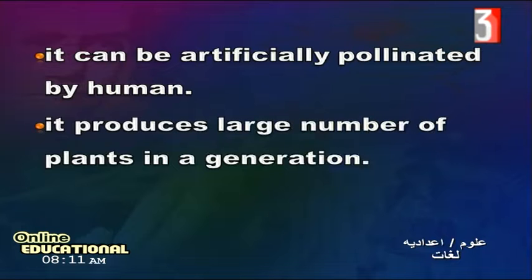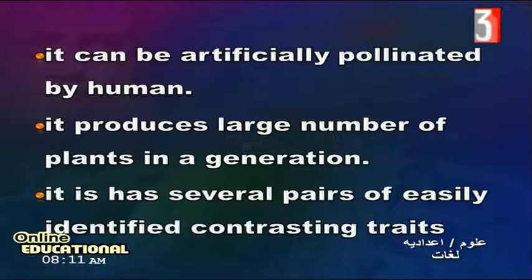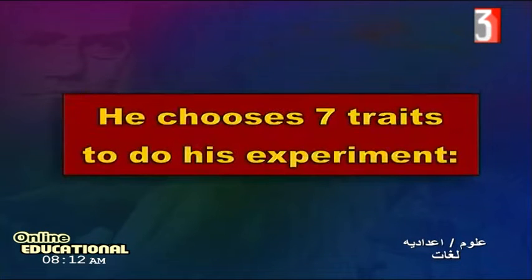Another reason, it produces a large number of plants in a generation. It has several pairs of easily identified contrasting traits. He chose 7 traits to do his experiment.